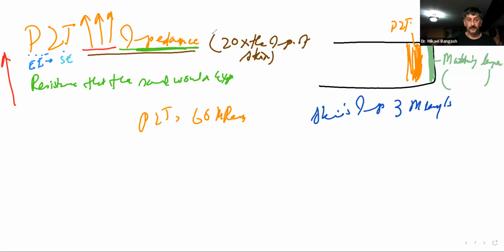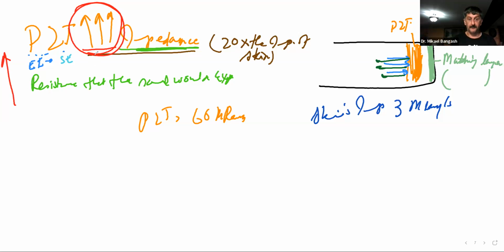But primarily, due to this high impedance, the resistance offered to the sound wave, the sound wave would not be able to go beyond the PZT, and would get reflected back right at this level due to that great impedance offered by the PZT. Clear?